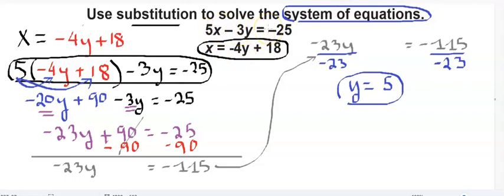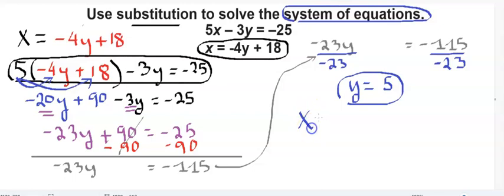You can use either one. Of course, if you want to check your work, you substitute it into both of these equations. But I'm going to use the second equation to find x first, because in this equation the x is already by itself, and I already know what y is. So all I have to do is substitute 5 for y, and then I can find out what x is.